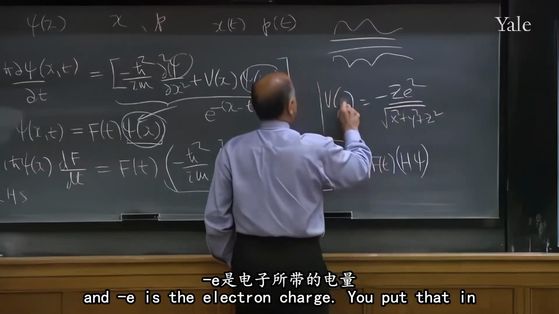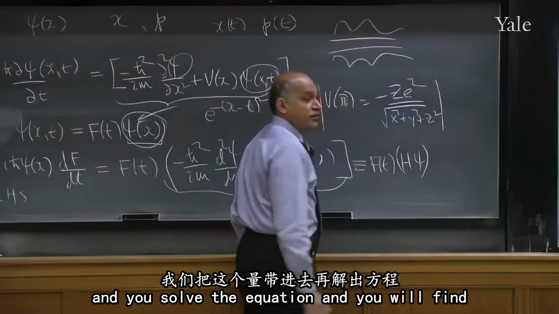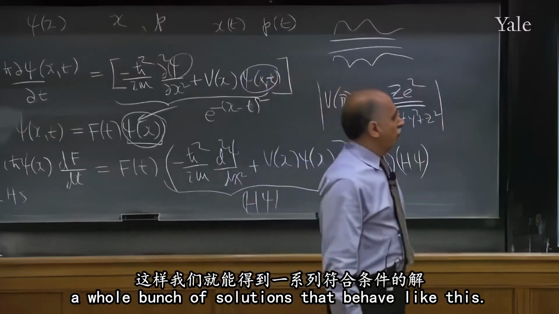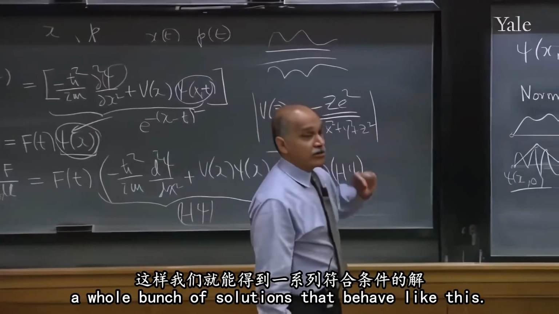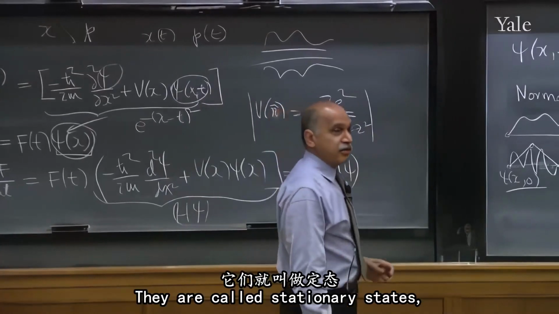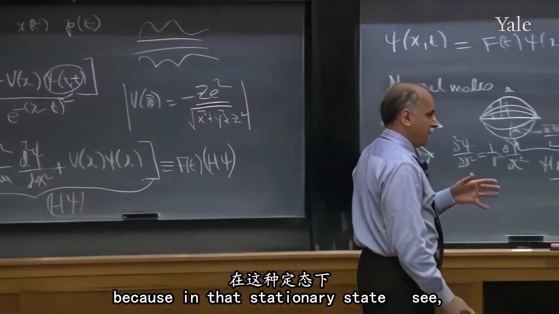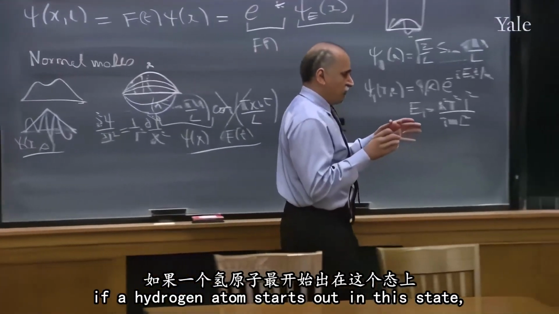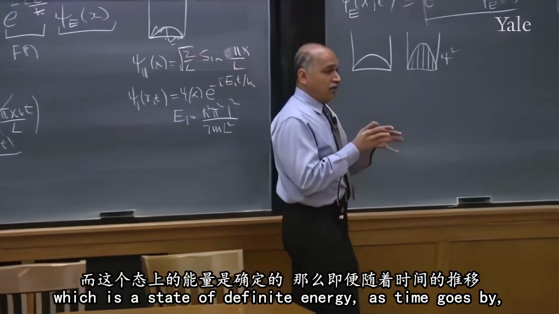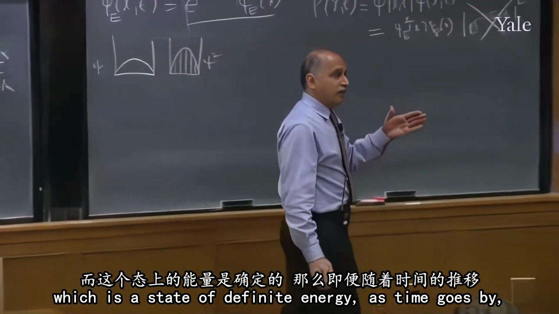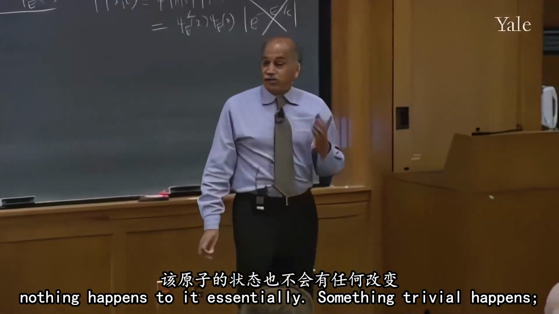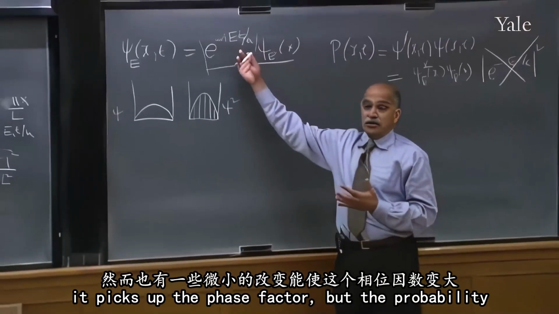You put that in, you solve the equation, and you will find a whole bunch of solutions that behave like this. They are called stationary states because in that stationary state, if a hydrogen atom starts out in the state which is the state of definite energy, as time goes by, nothing happens to it, essentially. Something trivial happens. It picks up the phase factor.